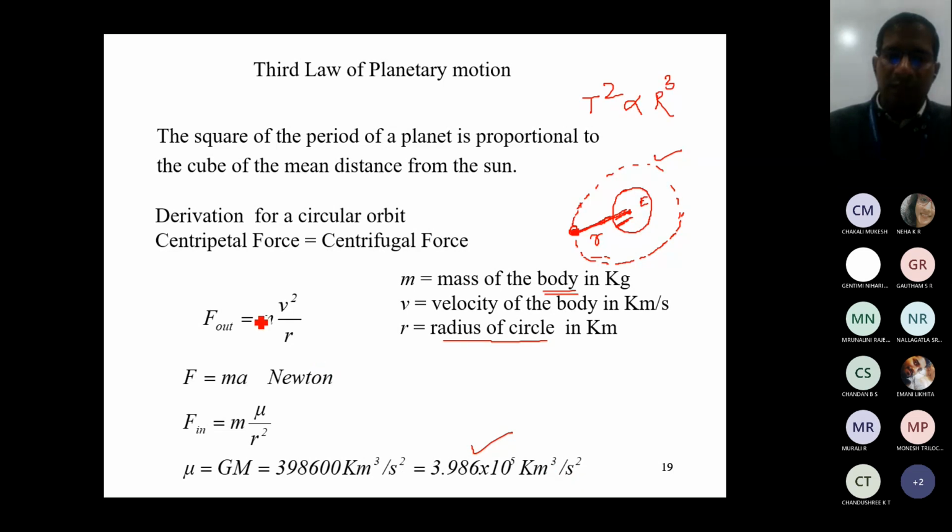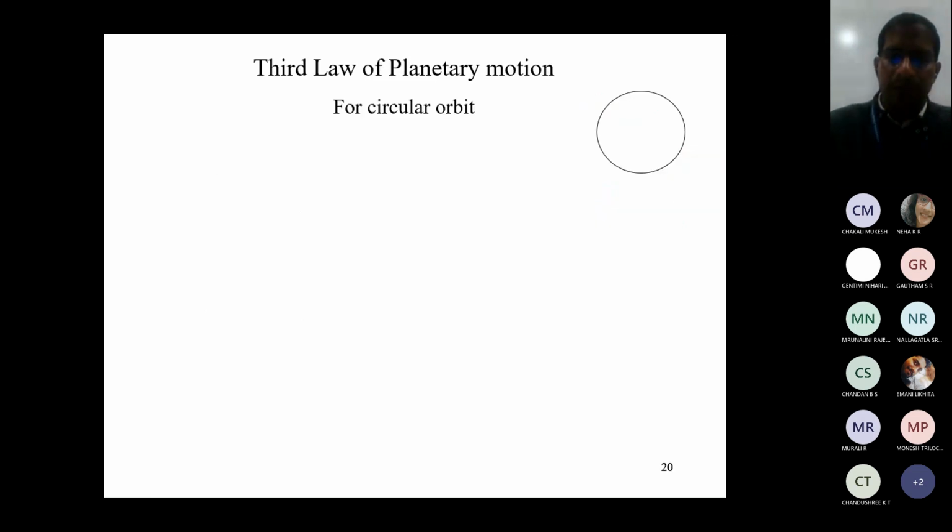Now let us balance these two equations, F out and F in. If you see here, the M and M terms will be cancelled out. So I am balancing here. F in equals F out.